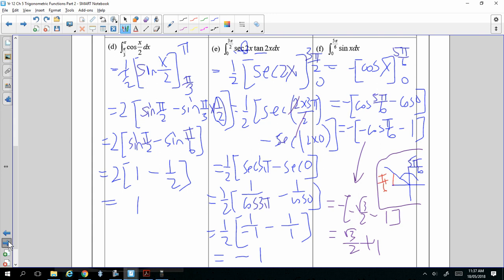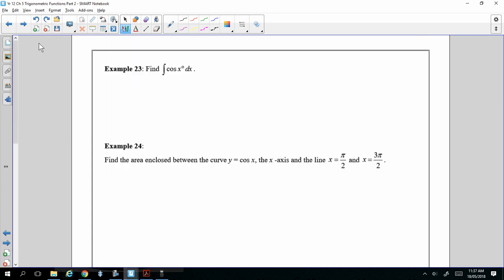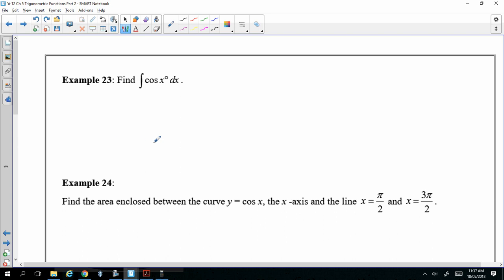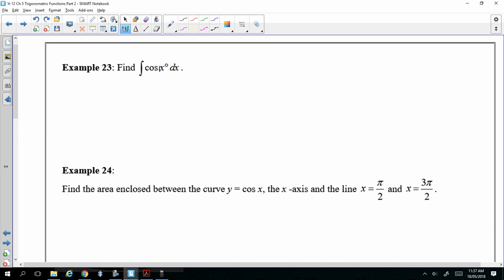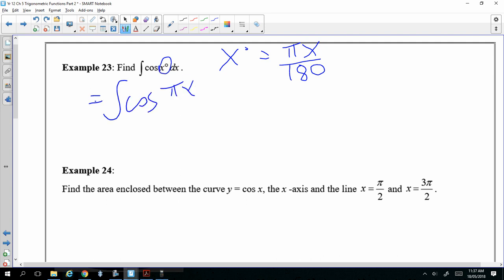The cos of x degree, change degree to radian, like that. Use this formula and you write integral cos pi x over 180 dx. And then you write equal, integral of cos is positive sine pi x on 180.